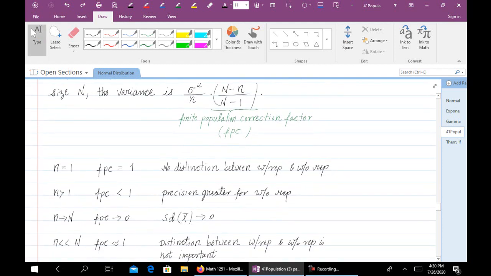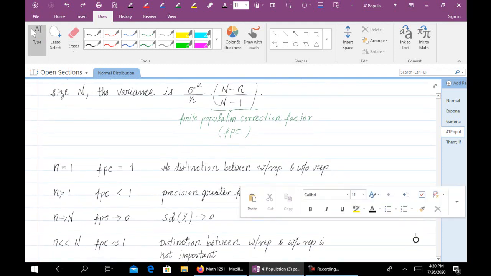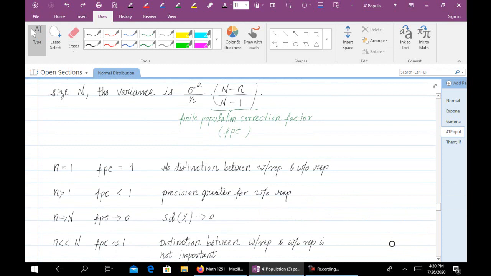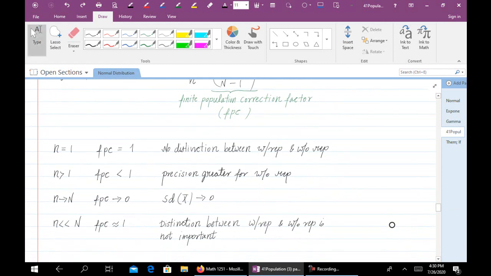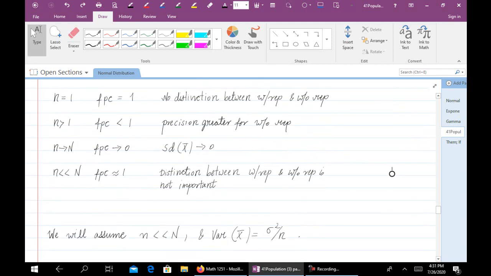As n gets closer and closer to capital N, the FPC goes to 0. In other words, the standard deviation of x bar goes to 0. And when n is much less than capital N, then the FPC is about 1, and the distinction between sampling with and without replacement is not important.